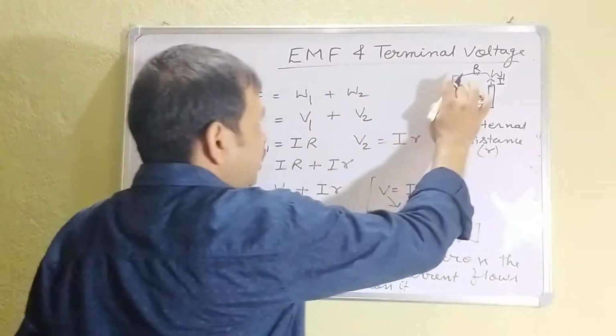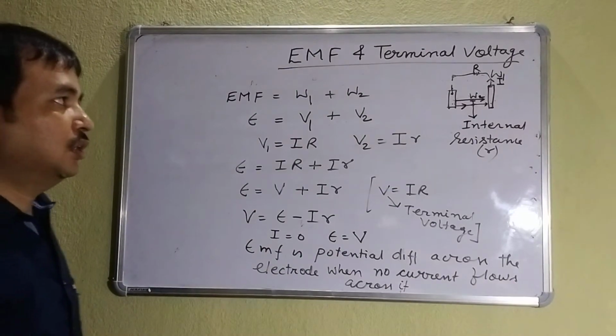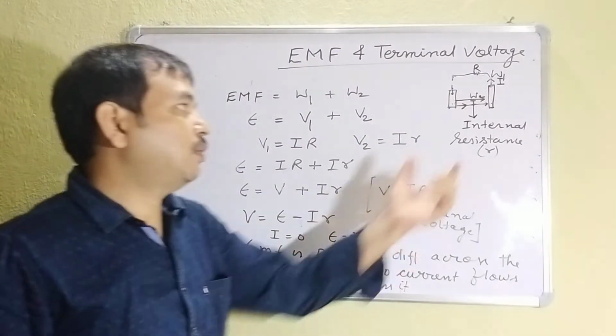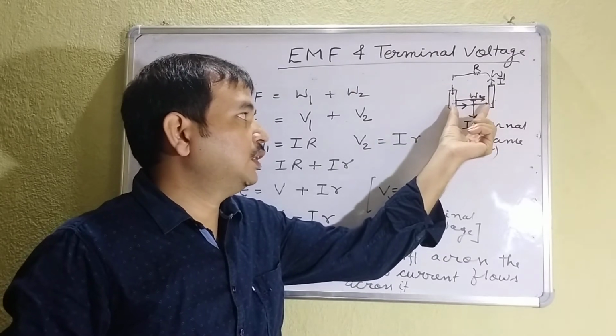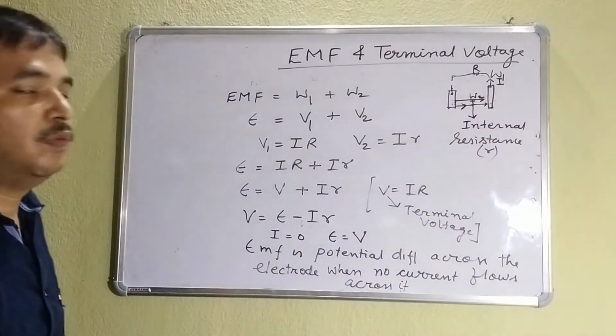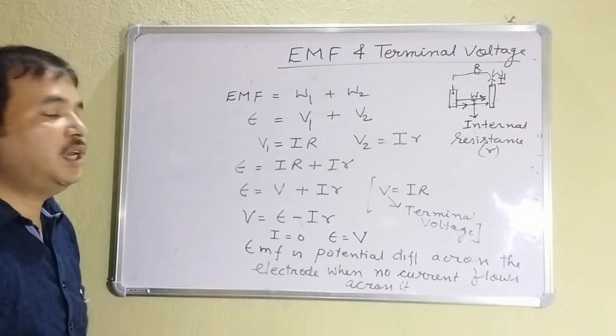Means if you break this circuit, the outside circuit, and then measure the potential difference by some device, that potential difference will give you the EMF.